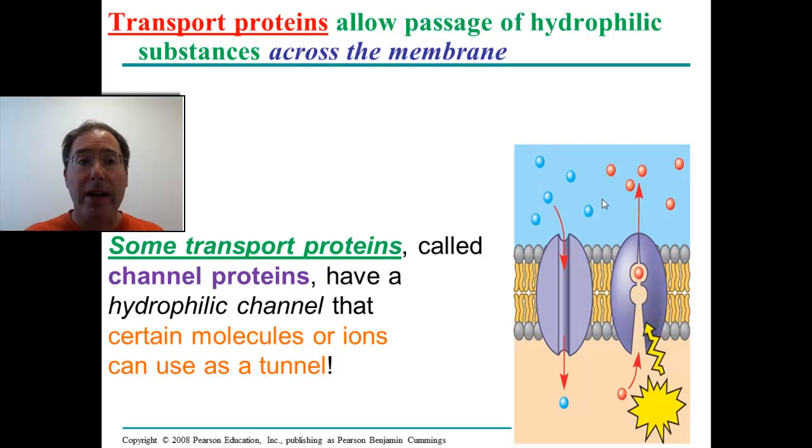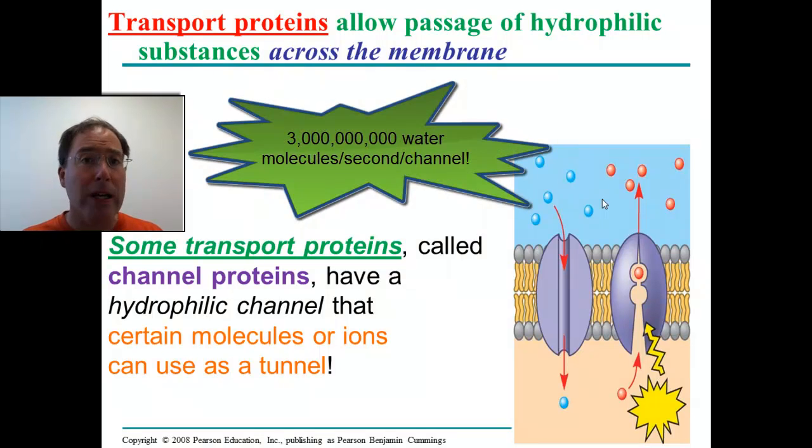An example of a transport protein is a channel protein, and your book's going to talk about one called aquaporin, and basically it's a pore for water. It allows the hydrophilic, obviously, water molecule, which is polar, to get through the membrane really quickly. In fact, so quickly that they allow up to 3 billion water molecules per second.